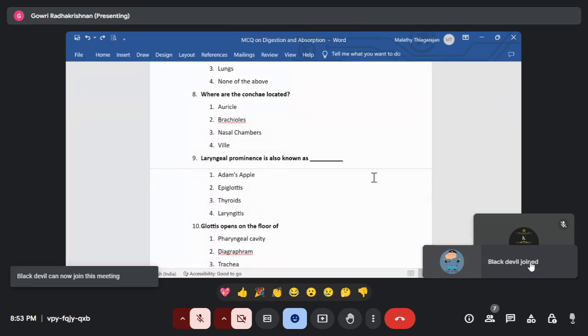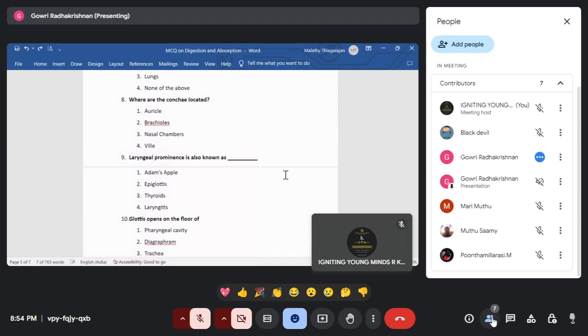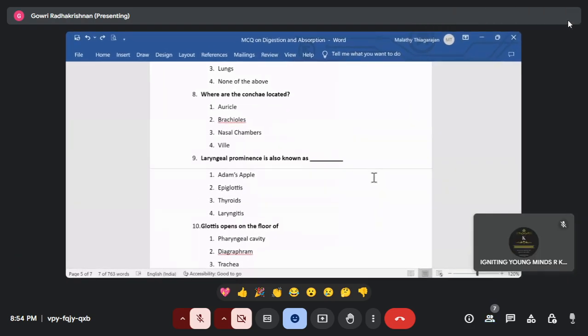Conchae is an elongated seashell. It's in the shape of an elongated seashell.